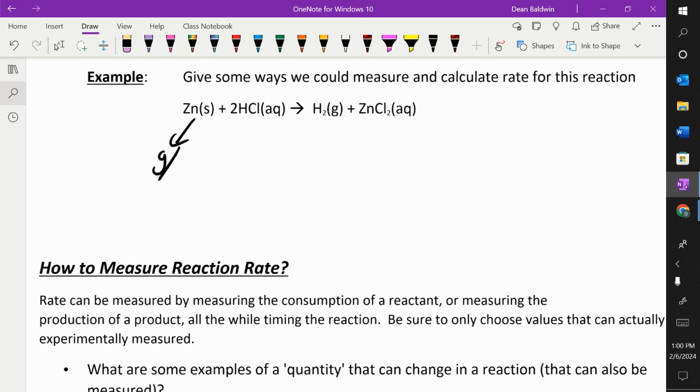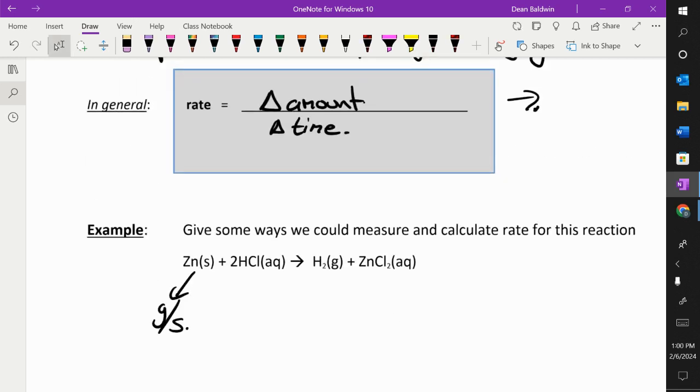You can weigh out how much zinc you have, dump it in the reaction, let the reaction go for a certain amount of time, fish it out, reweigh it, and see what the difference is. Then you'd know the change, for us, it would be the change in the grams per whatever unit of time you want. So if you have a solid, you can measure the grams per second or grams per minute or whatever.